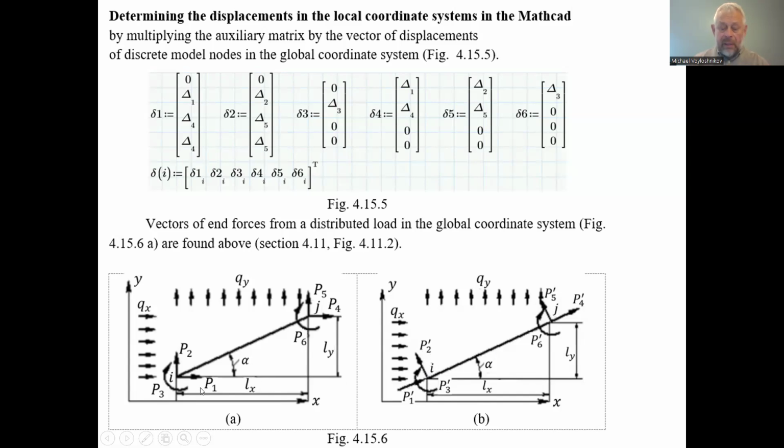And we had the bending moment applied to the beginning and to the end of the rod finite element. The same bending moments we indicate here as P3 stroke, P6 stroke. But actually, the magnitudes are the same as P3 and P6.